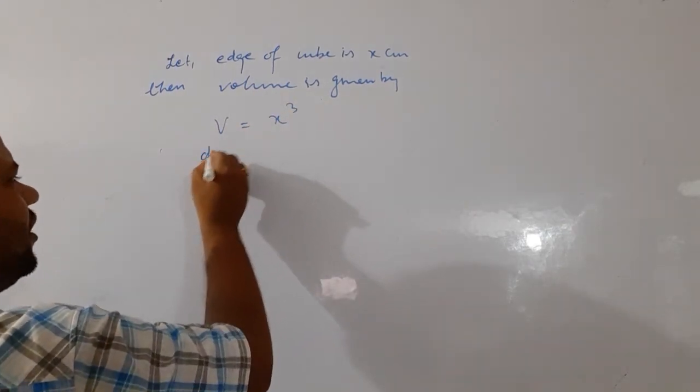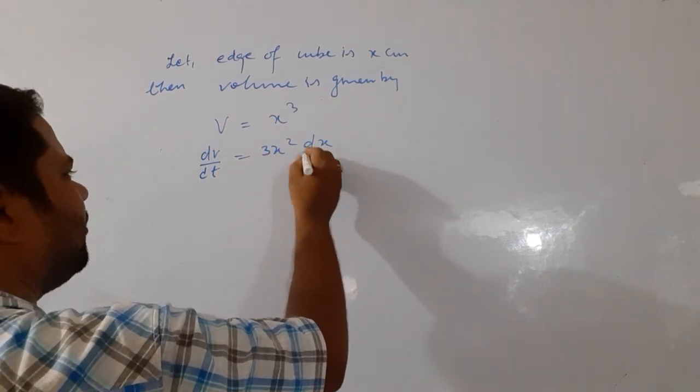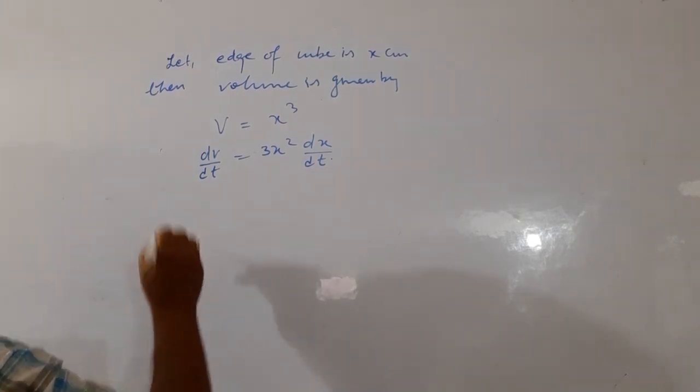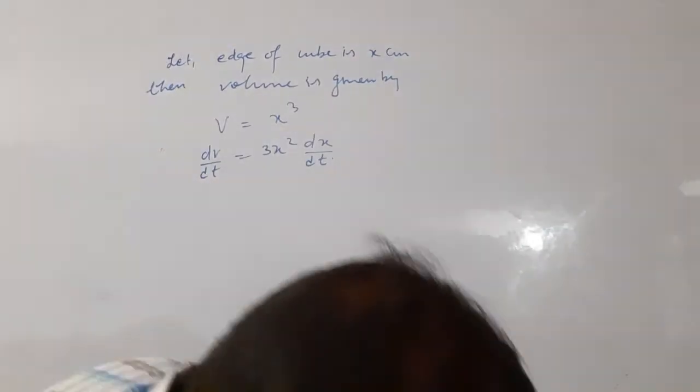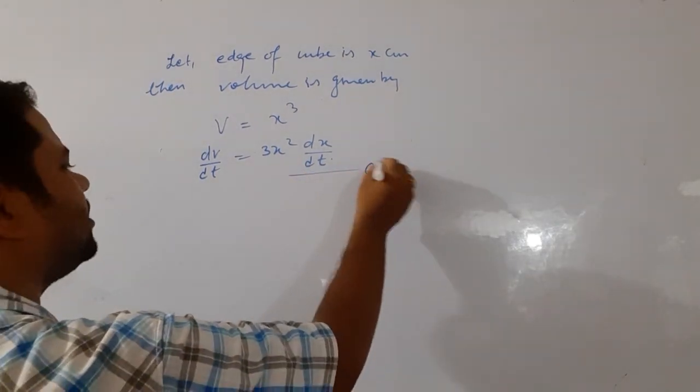Now dV upon dt is nothing but 3x square dx upon dt. The volume is increasing at 9 cubic centimeter. This is equation number 1.